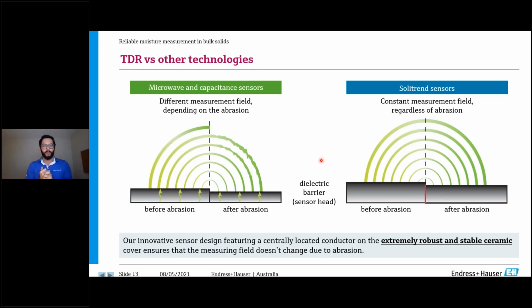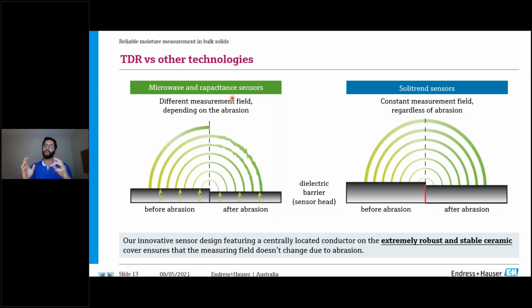Okay, all right, so just a quick overview, especially comparing the TDR with other technologies. Since we're not measuring the electromagnetic wave attenuation, and we're not measuring the capacitance, which are the methods we usually have for microwave and capacitance sensors, our technology can be really strong, especially with abrasion. If you have a microwave or a capacitance sensor, as soon as you have any sort of abrasion on top of the sensor surface, this will create a drift in the moisture measurement.